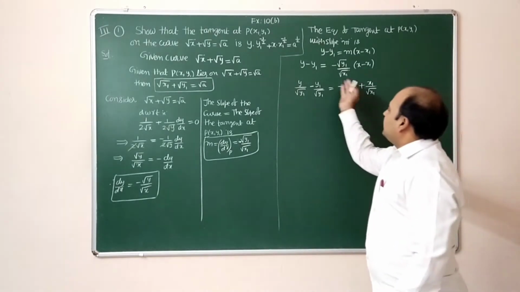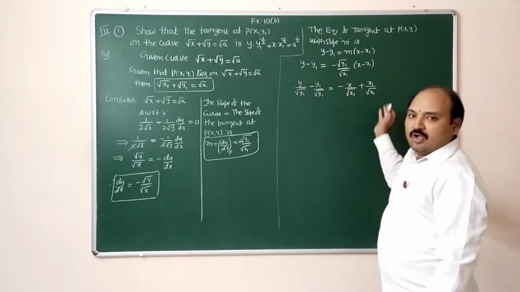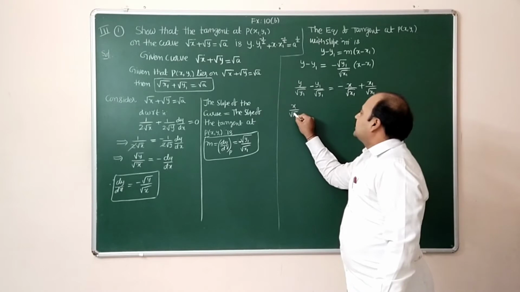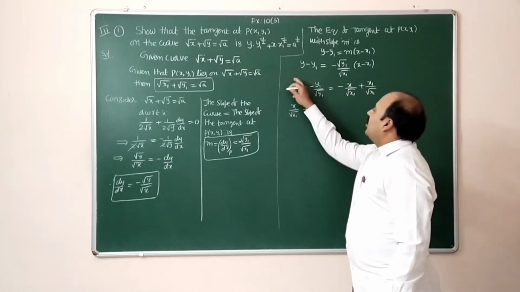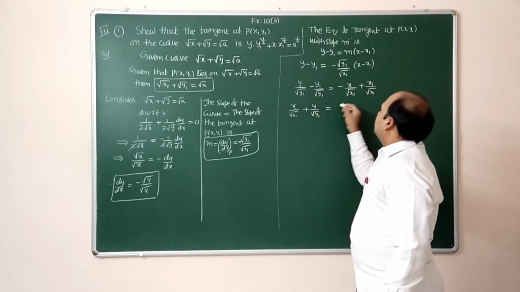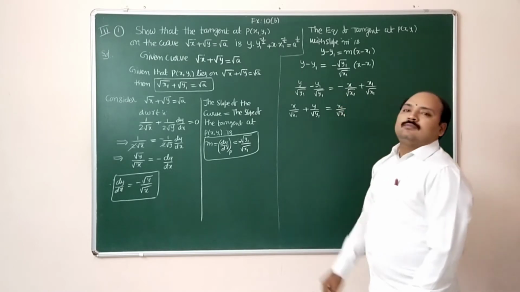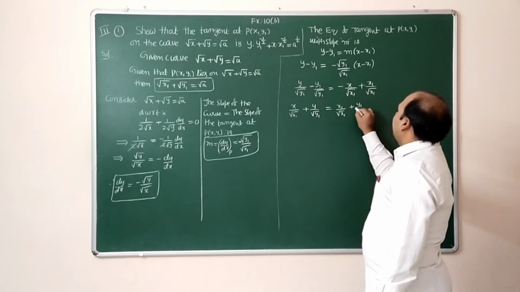Here the minus value I am taking to the LHS side. So minus x by root x1 we can take into the LHS, plus x by root x1, plus y by root y1 is already there, which is equal to plus x1 by root x1, and minus y1 by root y1 we are taking into the RHS, y1 by root y1.